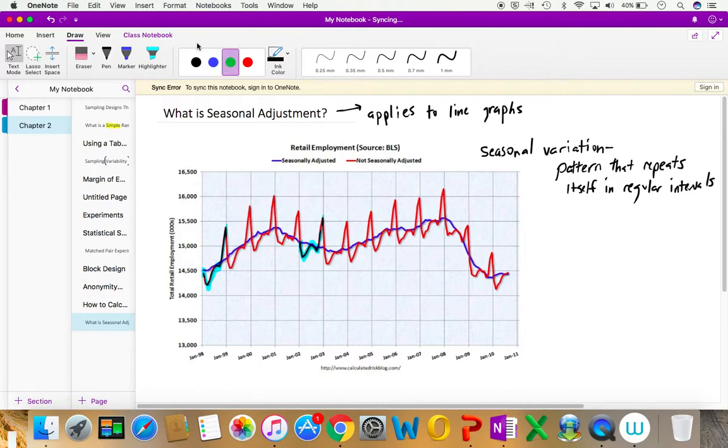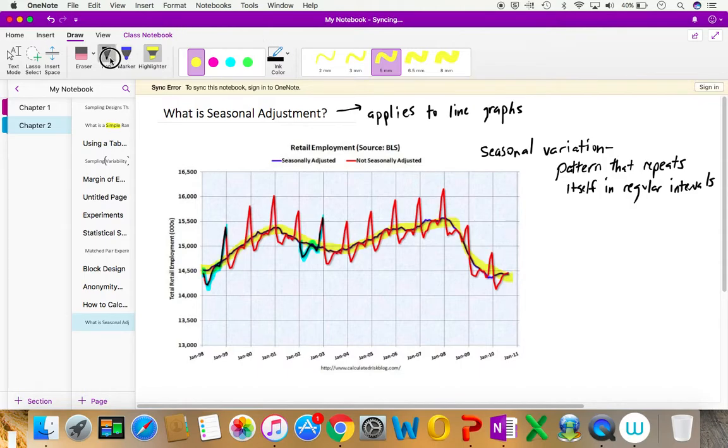Now, am I interested in that year-to-year pattern, especially if I know it happens year in and year out? The answer is no. Rather, I'm interested in what happens in the big picture, and that's this blue line, which I'm going to trace here in yellow. This line is seasonally adjusted.